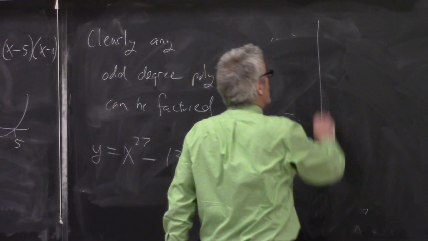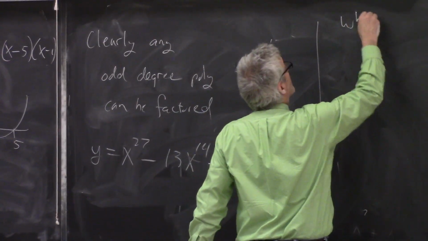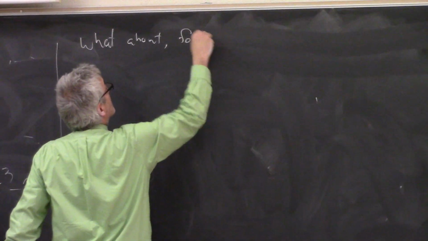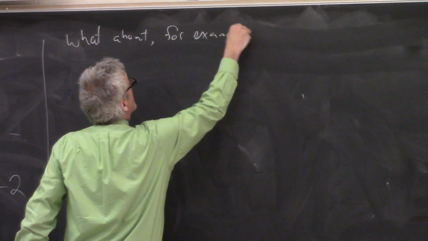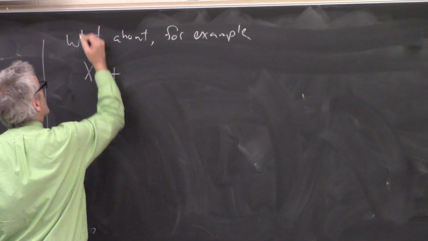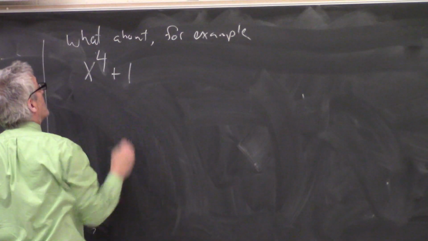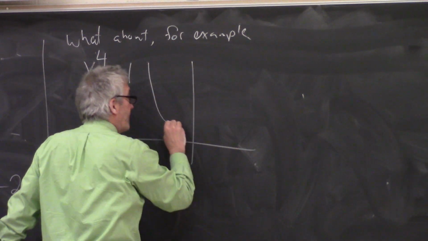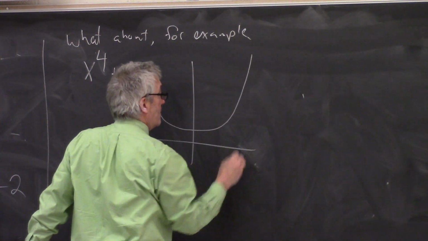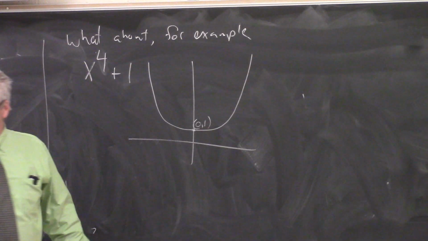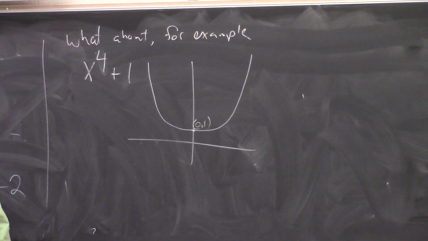What about something like this? x to the 4th plus 1. So that's a standard x to the 4th graph that's been moved up 1. Goes through 0, 1. There are no x values that cause that to be 0. So it doesn't have any linear factors.